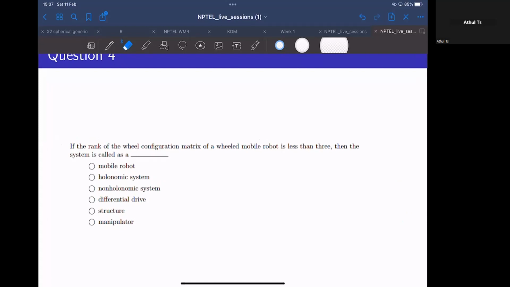1 second. It says my connection is breaking. Let me try and switch to a different connection.